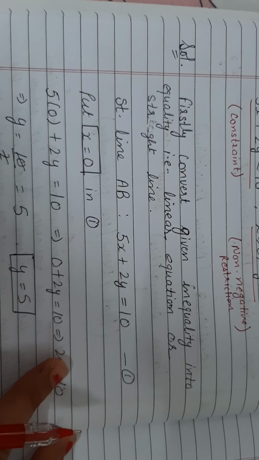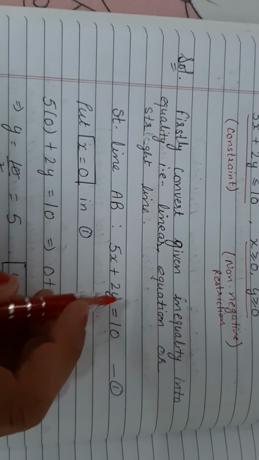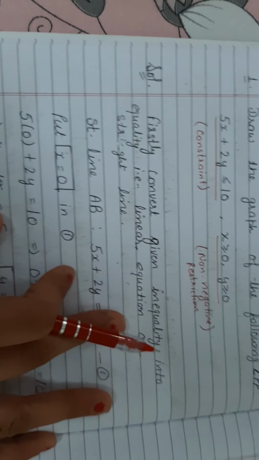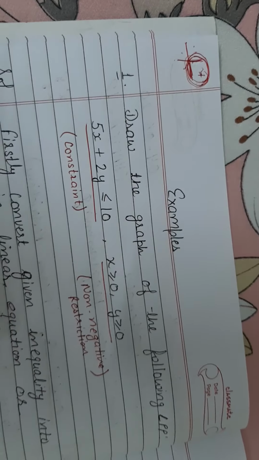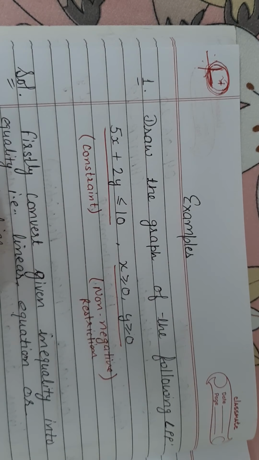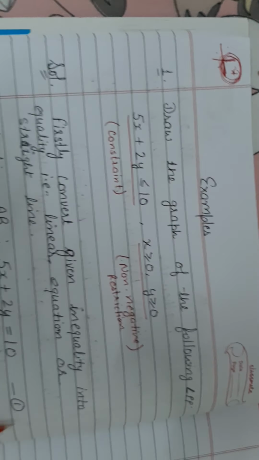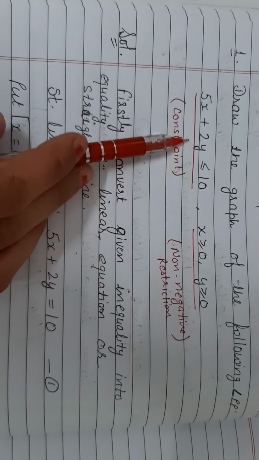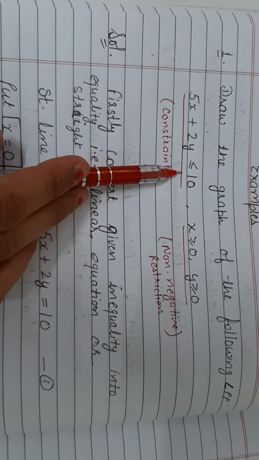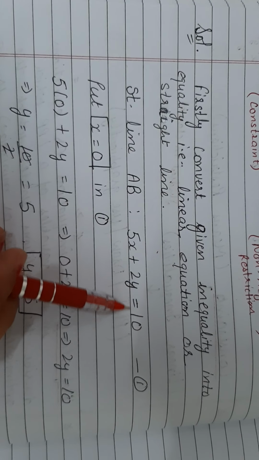Firstly, convert the given inequality into an equality, that is a linear equation or a straight line. Your inequation is less than or equal to 10, make it equal to 10.